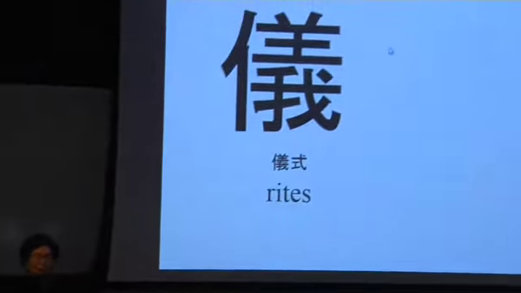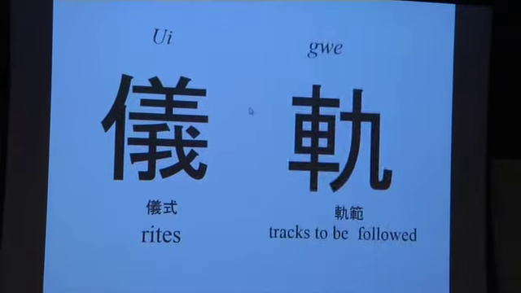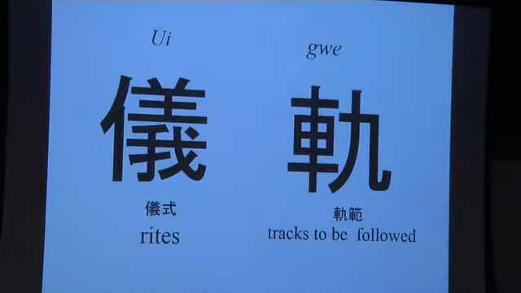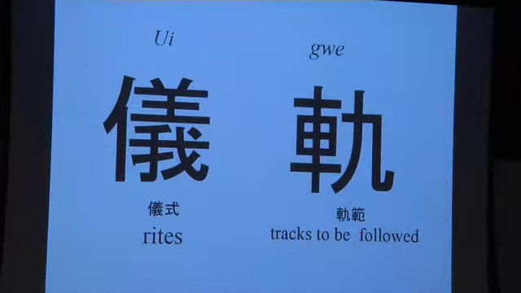This is the first character of the term Uige. It's all self-explanatory, so I will not read them. When I was in Washington, D.C., more than 10 years ago, when my husband was the ambassador here, he wanted me to do a short lecture during lunchtime at the embassy for his staff.